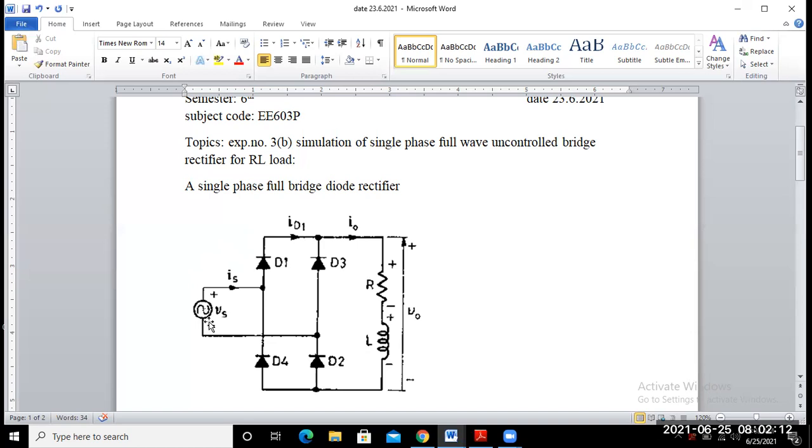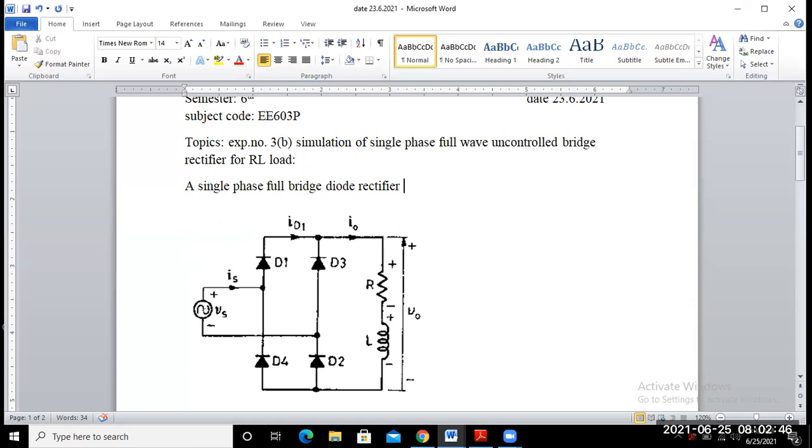The same voltage we consider here. If we mention all the parameter values here, it will be easier to put them in the simulation circuit. When you simulate the circuit, you require the value of these parameters, that means supply voltage and load parameters, resistance and inductance. Here we already mentioned those things.